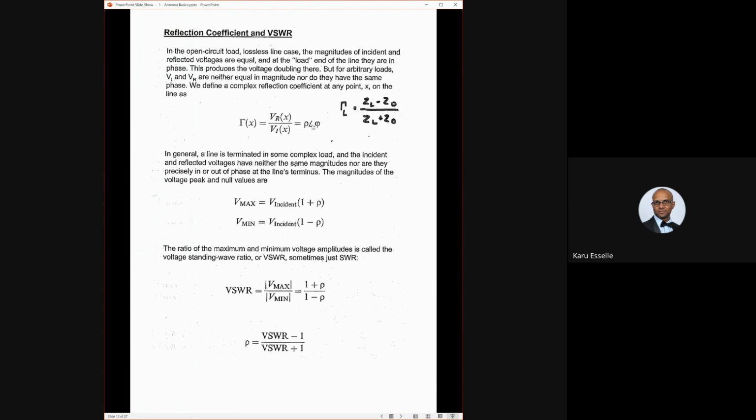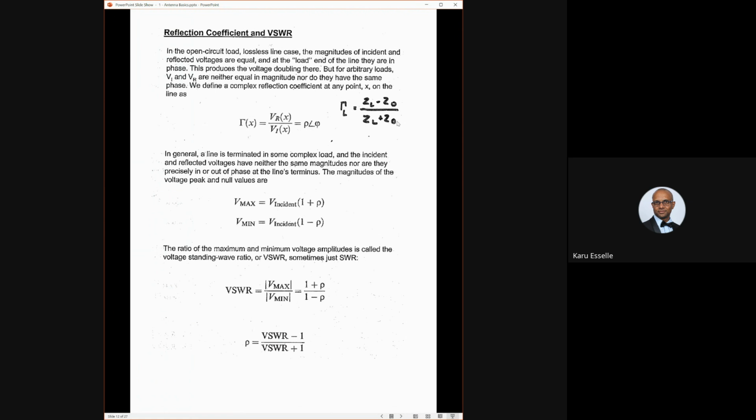Now, one thing I forgot to mention is you can also calculate the reflection coefficient if you know the load. These two are equal. The load reflection coefficient gamma L is a complex number. Take the amplitude of this complex number, that is rho.